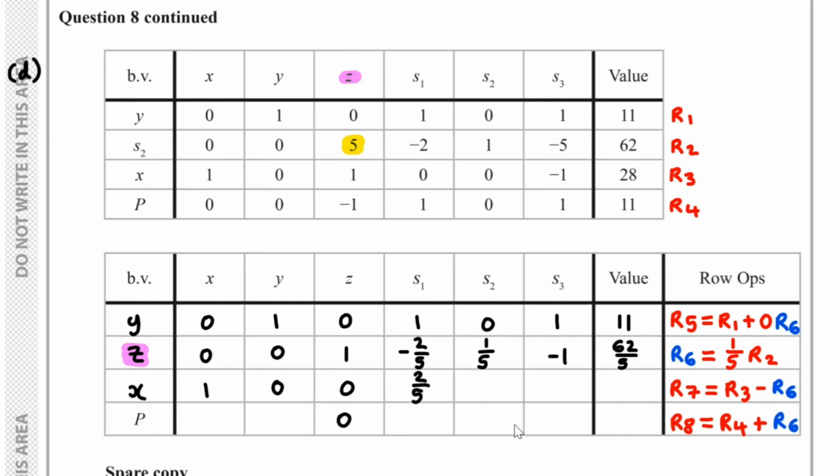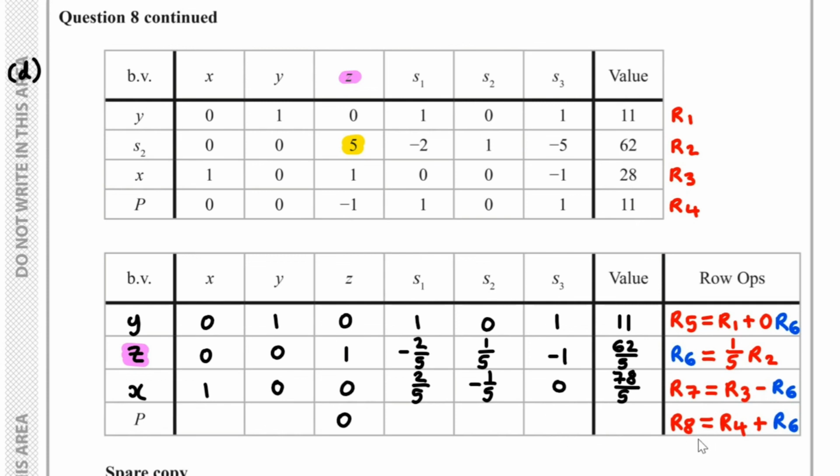And then I've got 0 minus 1/5, so that's minus 1/5. And then I've got minus 1 take away minus 1, which is 0. And then I've got 28 take away 62/5, which is 78/5.